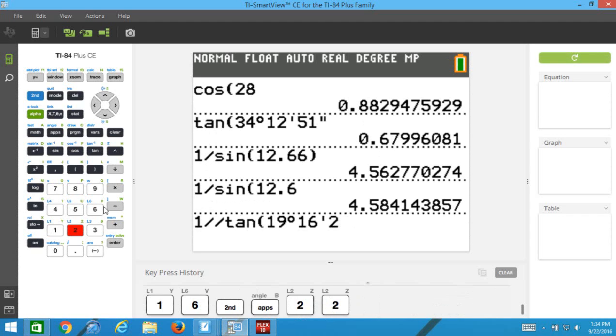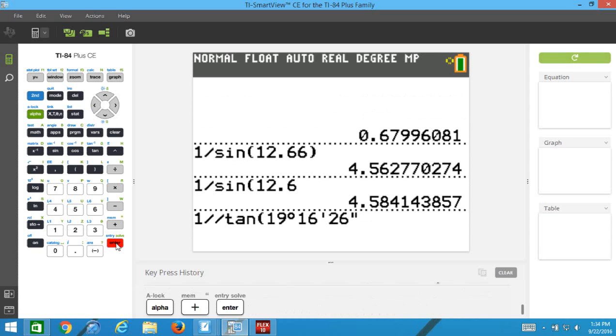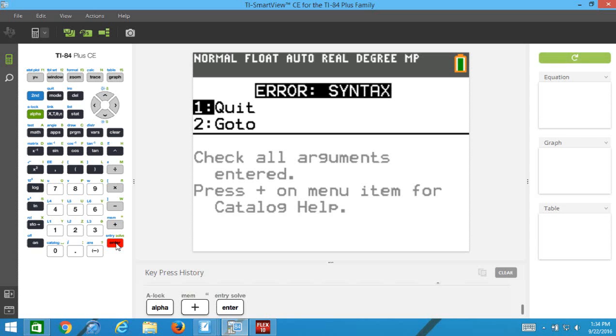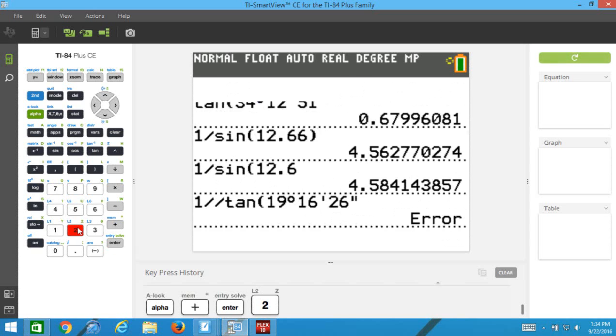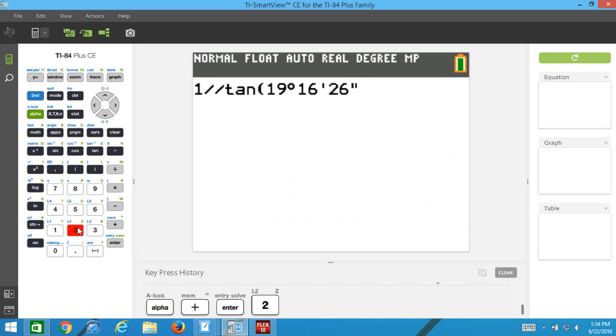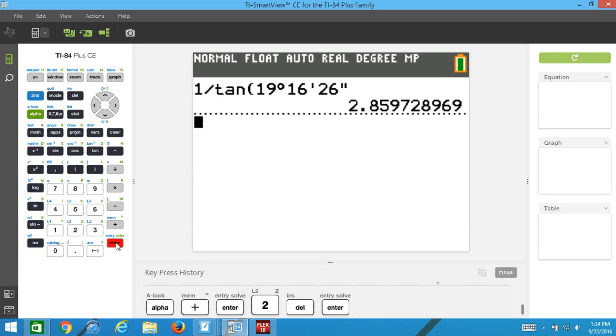So 26. I like the go-to when I accidentally type something in wrong. There we go. 2.8597.